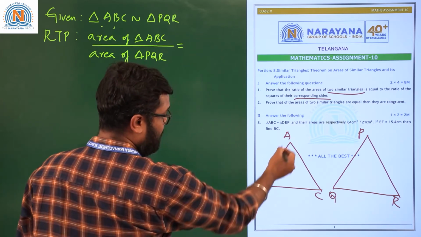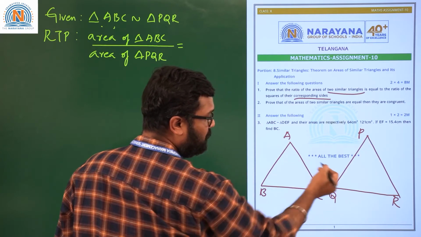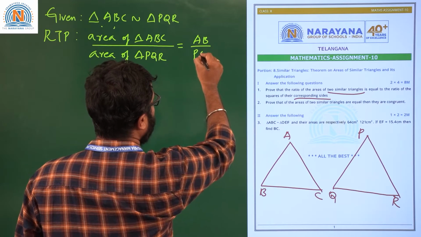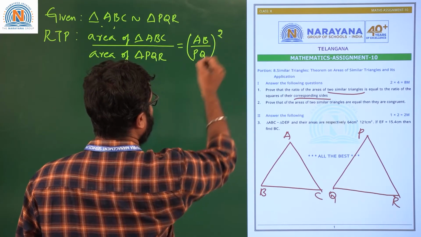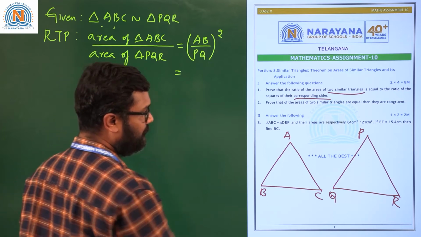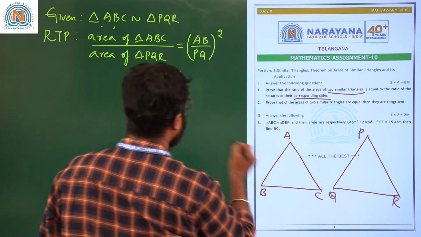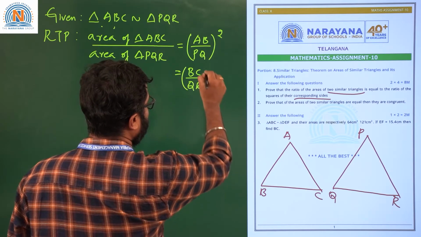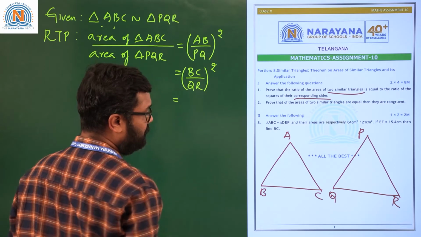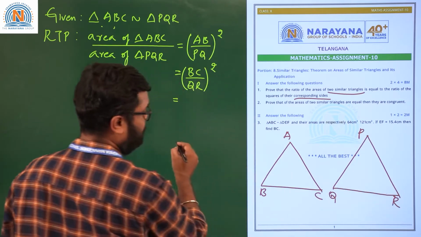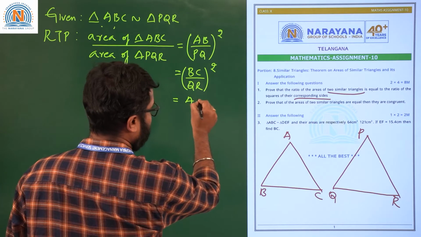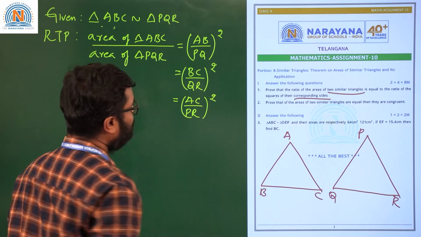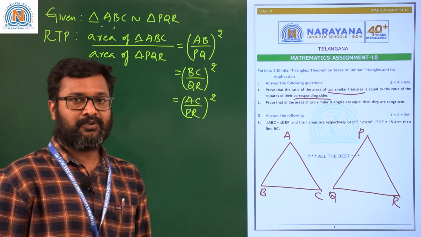That means AB square by PQ square, which I am writing as (AB/PQ) whole square, equal to (BC/QR) whole square, equal to (AC/PR) whole square. This we need to prove.